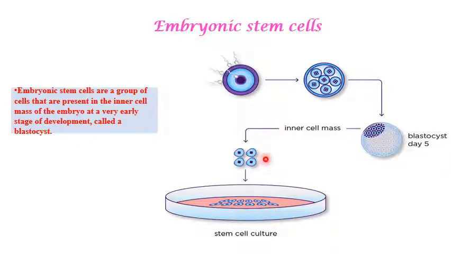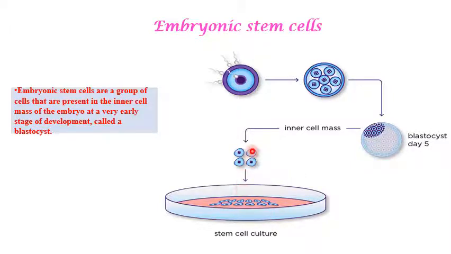These undergo differentiation so that many different kinds of cells of the body are formed by these embryonic stem cells. They have the capacity to be grown in a petri plate in an in vitro condition.